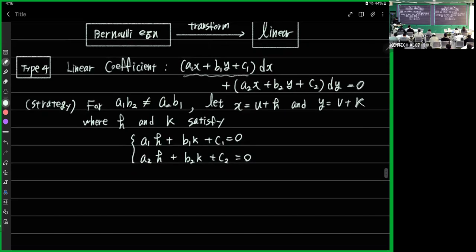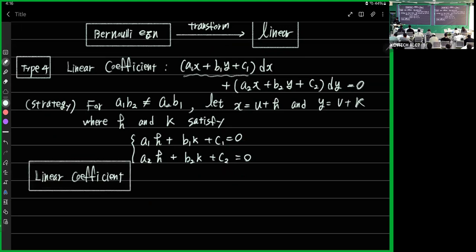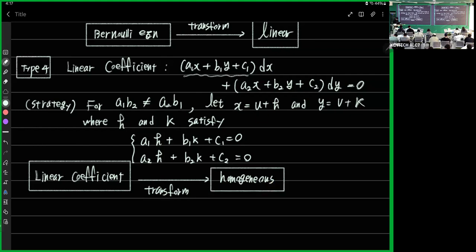So, linear coefficients. Given a linear coefficient differential equation, we transform it to a homogeneous one using the substitution x equals u plus h, y equals v plus k.